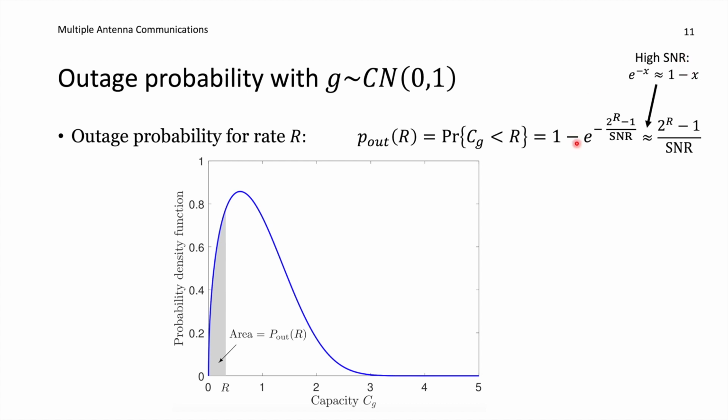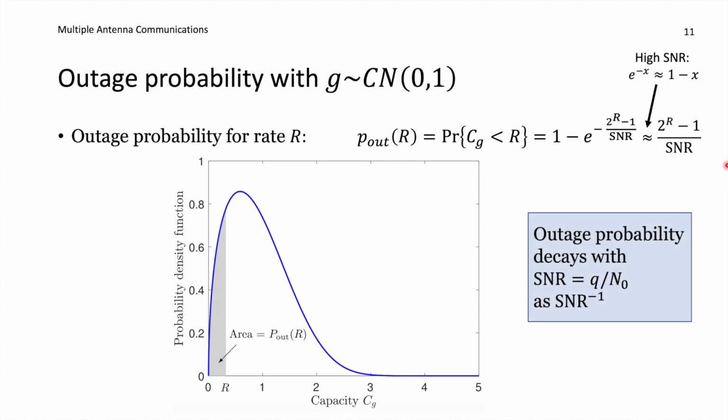If we put it in here, the 1 and the 1 cancel out, and the x, well, that was the exponent here. We get (2^R - 1) divided by SNR. So we see that the outage probability is increasing with the rate exponentially, but it goes linearly towards 0 with the SNR. So the outage probability decays as the SNR to the power minus 1.